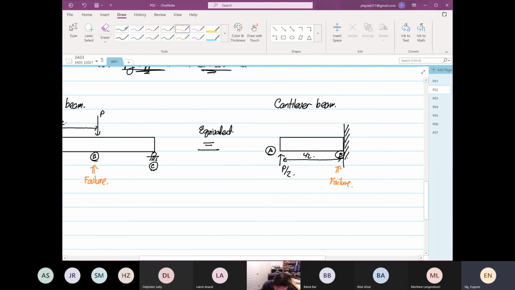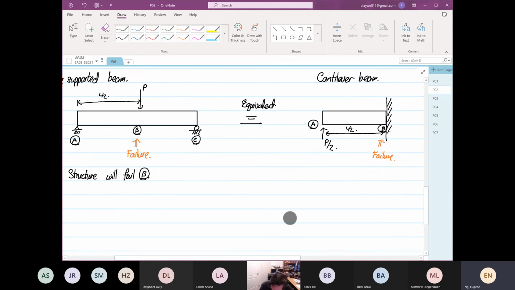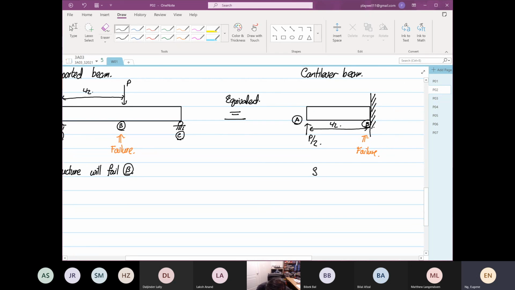For both of them, the structure will fail at point B.